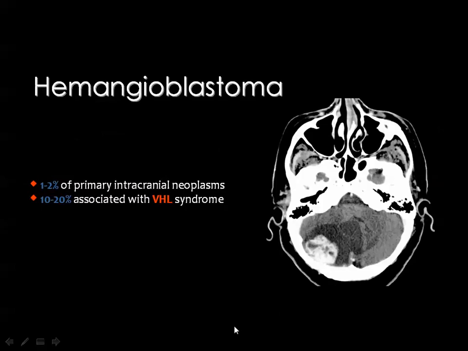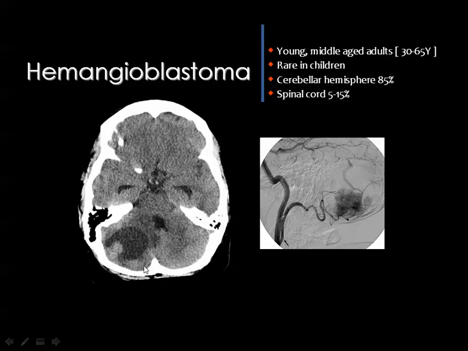Then we came to a tumor which is almost similar to the pilocytic astrocytoma, which is the hemangioblastoma. The hemangioblastoma is a cyst with an enhancing mural nodule, and it represents about 1 to 2% of the primary intracranial neoplasms, and about 10 to 20% of these lesions are associated with von Hippel-Lindau syndrome.